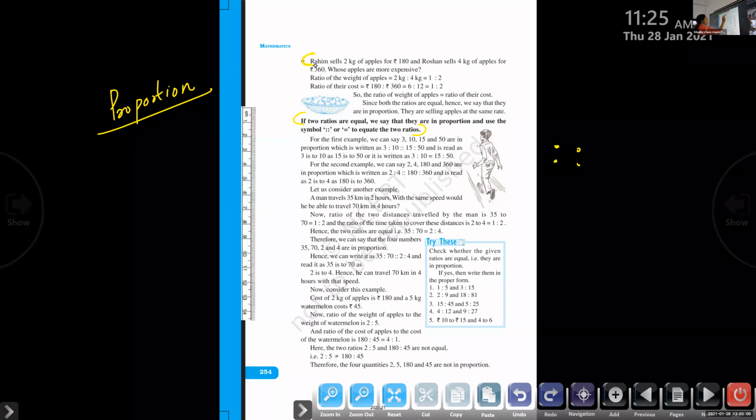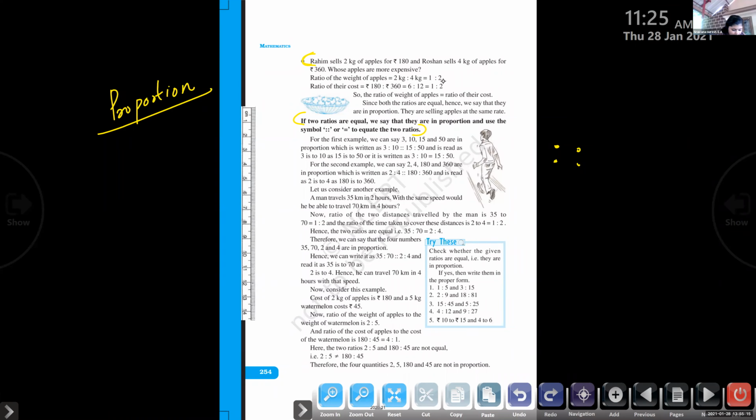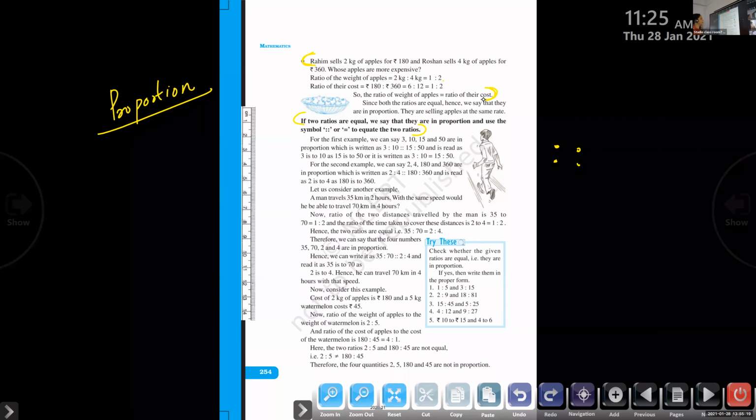So, will you write this example? Rahim sells 2 kilograms of apples. Till here, will you write? Yes, ma'am. That is our example.